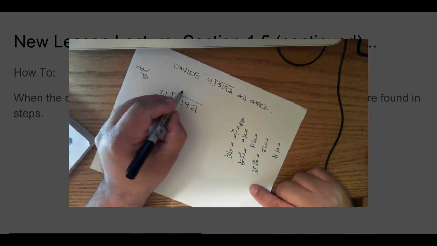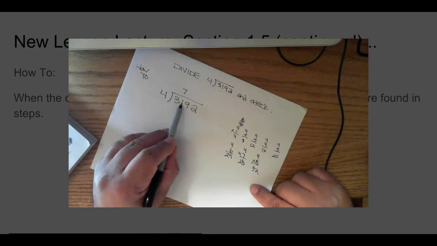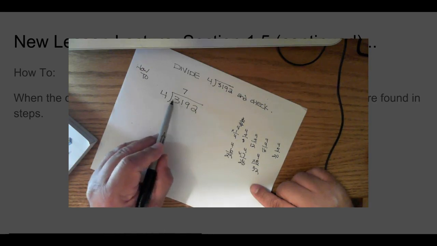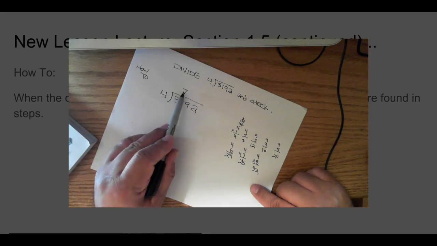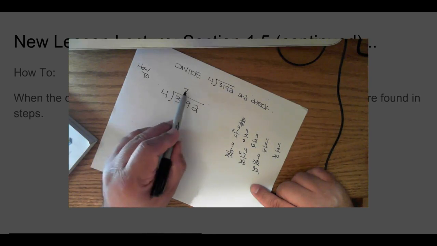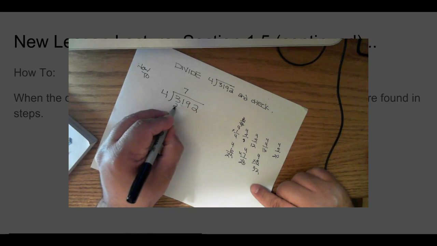So we're going to go ahead and put a 7 here. Since we're trying to do 31 divided by 4, because doing all of that at once would be complicated, we're going to break it into little chunks that we can deal with. 31 divided by 4 is 7. And then what we're going to do here is we're going to multiply that. So 7 times 4 is 28.